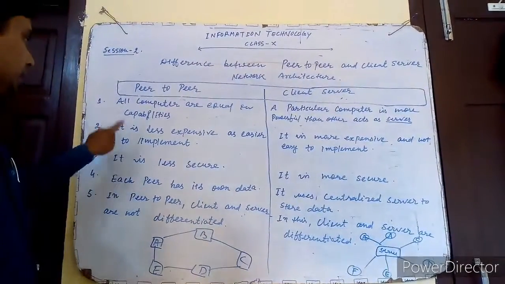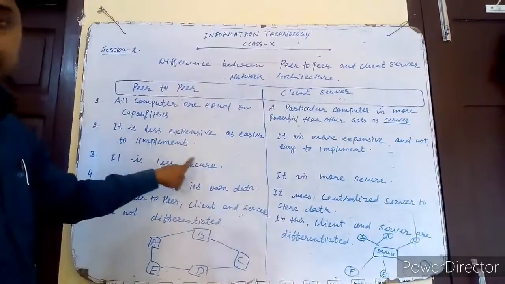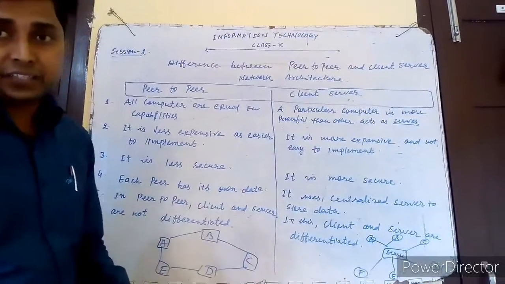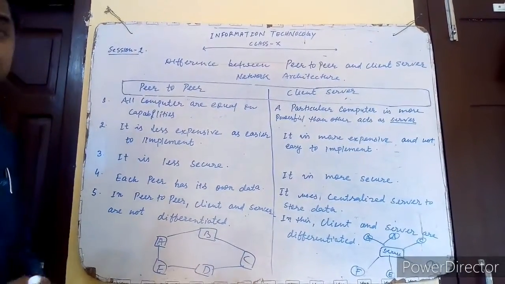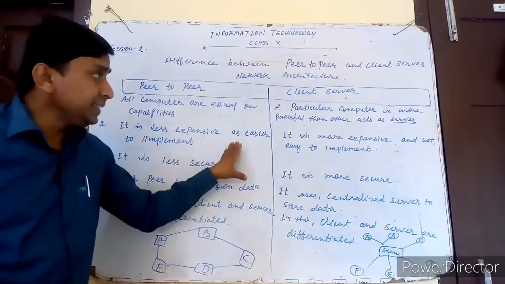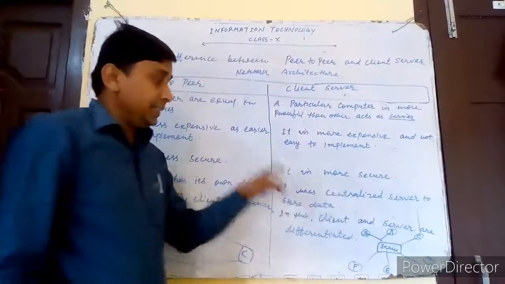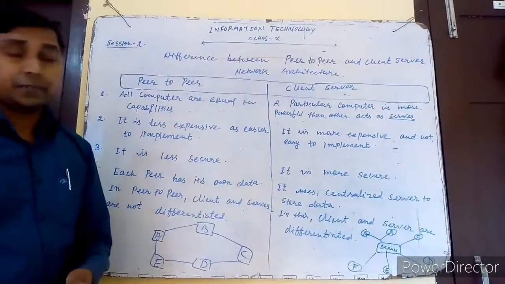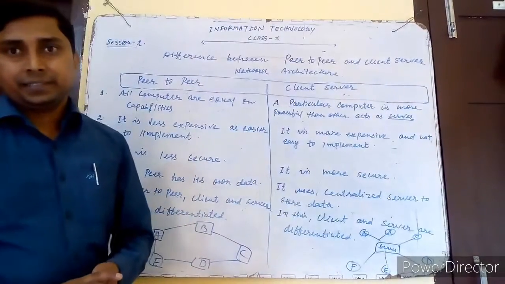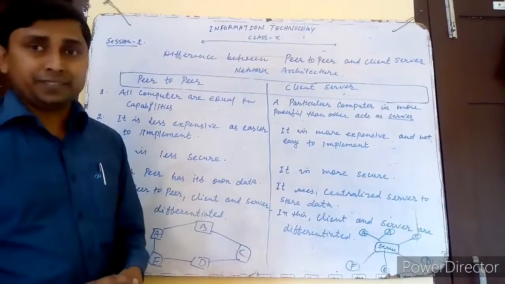Okay students, now the second difference. Peer-to-peer is less expensive and easier to implement. Why is it less expensive? Client-server is more expensive and not easy to implement, because in client-server network architecture we need different devices like hub, switch, and some other devices.